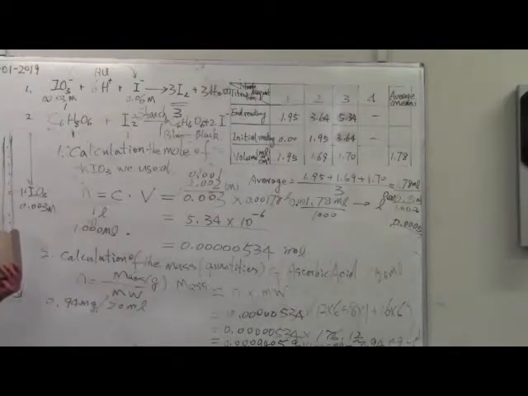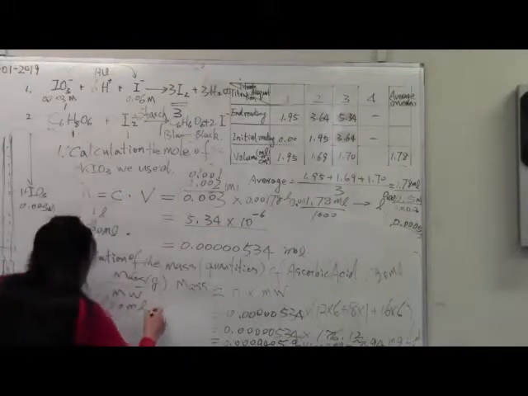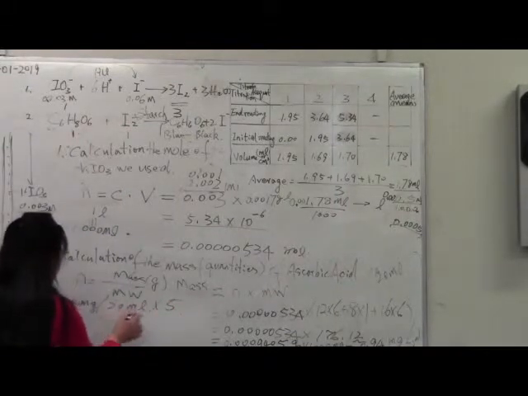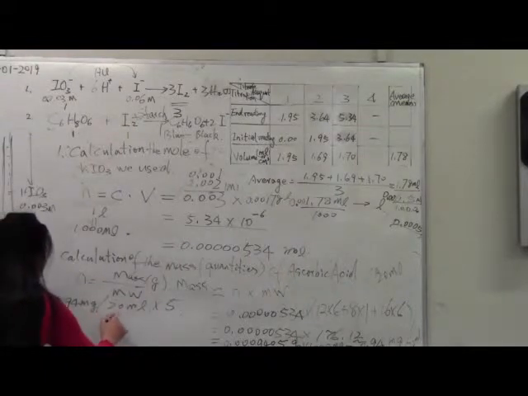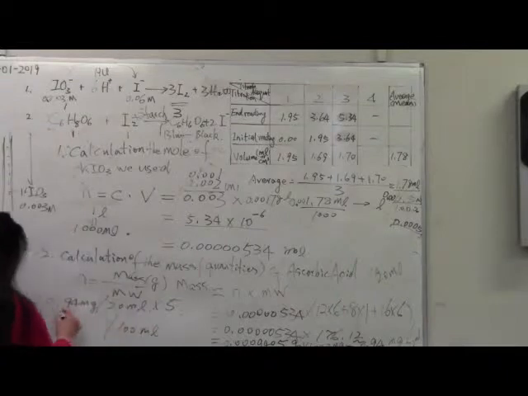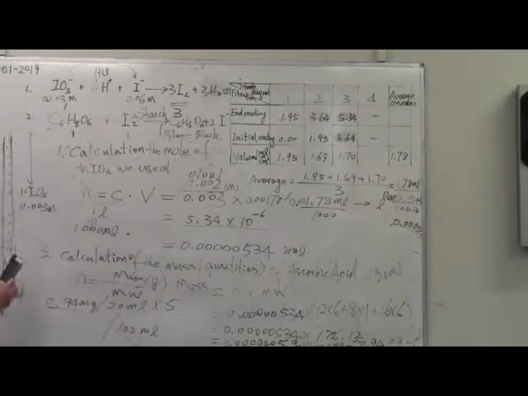So that means we just times to find per 100 milliliter, and this one times 5 as well.